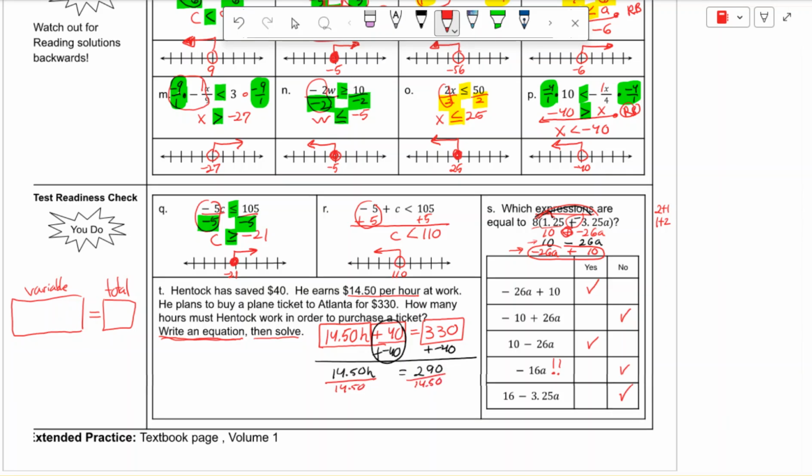And that's going to give us a reason to use a calculator. So I'm firing up the calculator here. 290 divided by 14.50, and I get 20. So h is 20. So what's that mean? Well, he needs to work 20 hours to earn enough for his ticket.